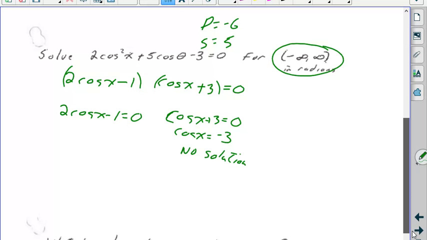Doesn't work. So we like using angles that give me special triangles. The reference angle for cos x equal to 1/2 is pi over 3.